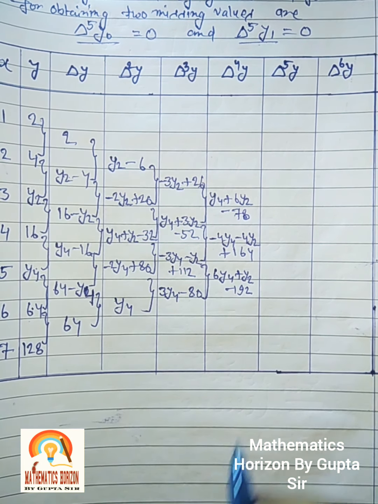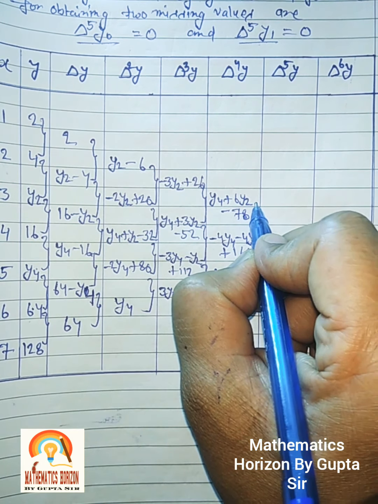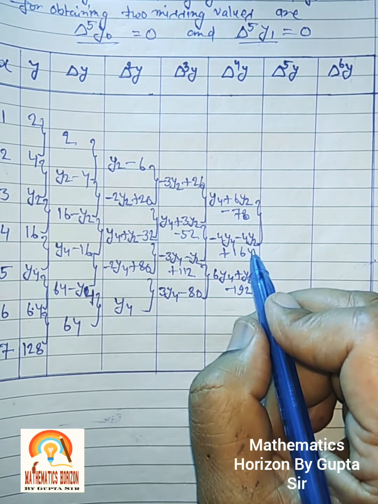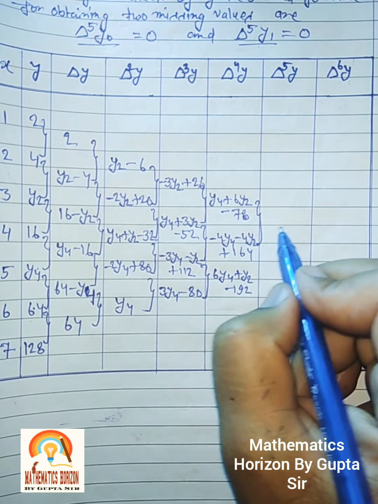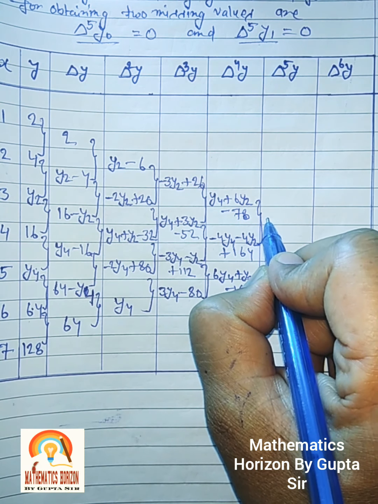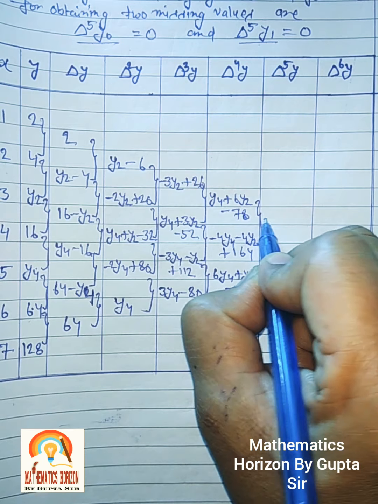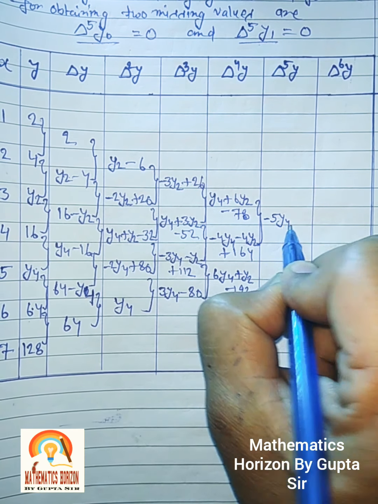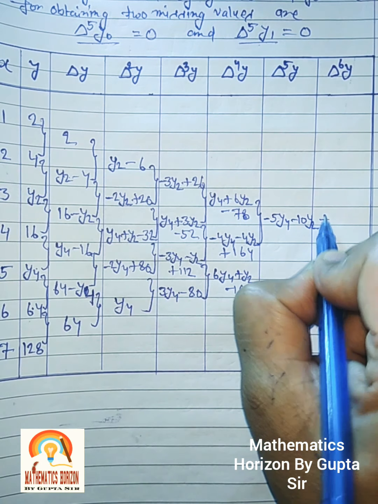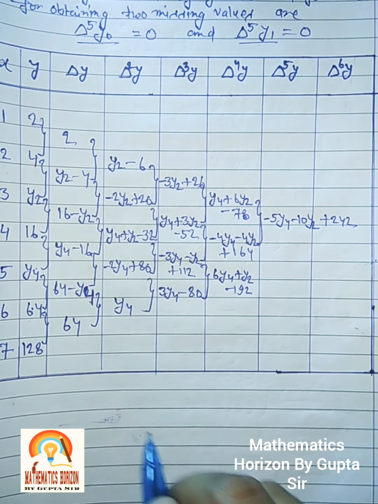Now we calculate differences of fifth order. Okay, fifth order, what will be the differences of fifth order? Here this term minus this term, what we get here? Minus 5y4 minus 10y2 plus 242.